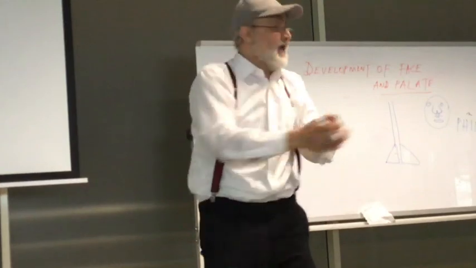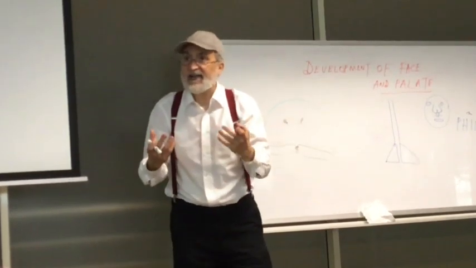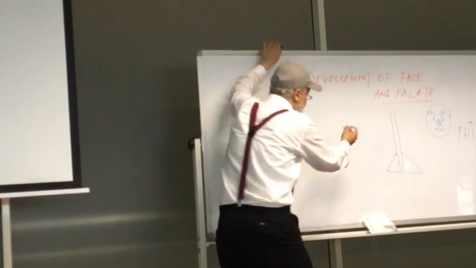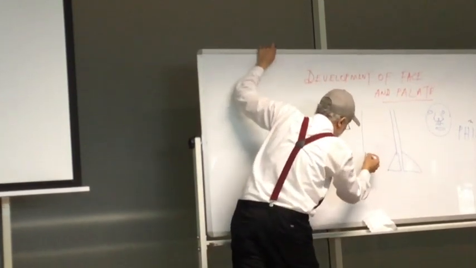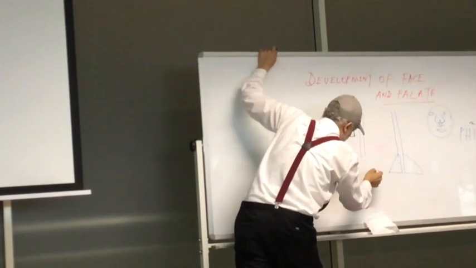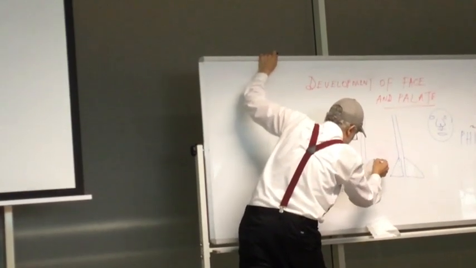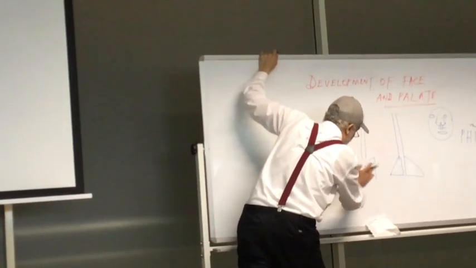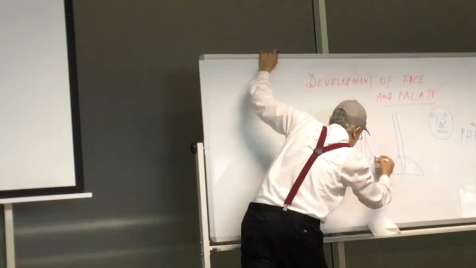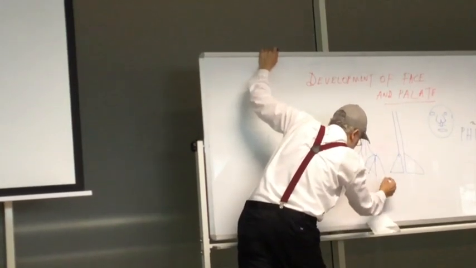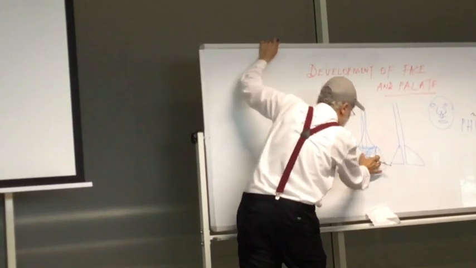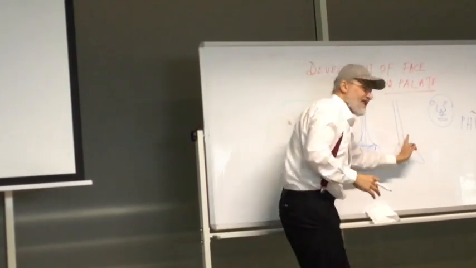Are you following? When I whisper, it is like this. This is open like that. So the space here between the two cartilage is open, but this is still closed.